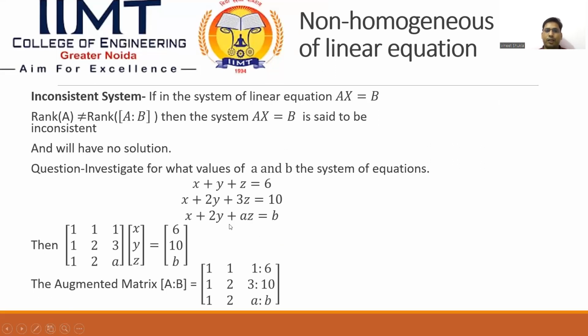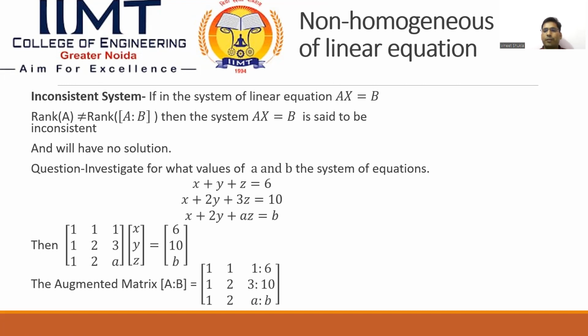Inconsistent system: if in the system Ax equals B, the rank of A is not equal to the rank of the augmented matrix, then the system will have no solution and is said to be inconsistent.